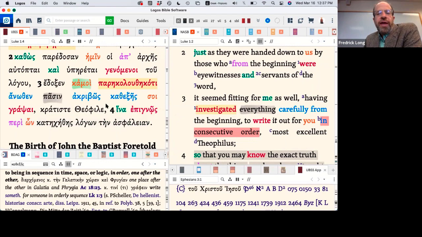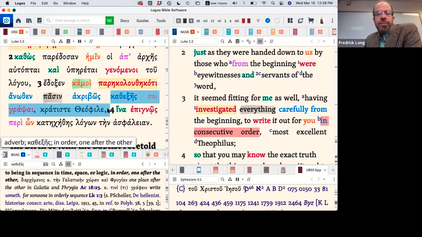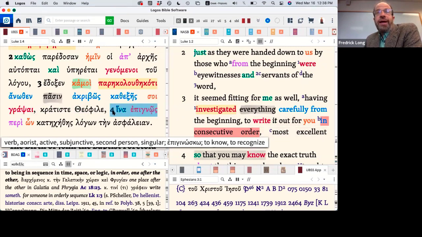But in order that, hina epignos, this is the purpose, this is the goal of his carefully writing up, that you would know. And I like to translate purpose clauses as "would know," not "may know" or "might know." Because if you think about a purpose, the outcome is uncertain, and so you might suggest a may or might.